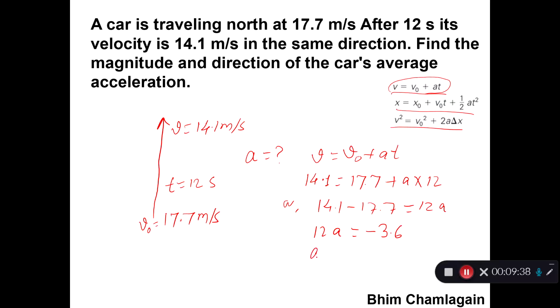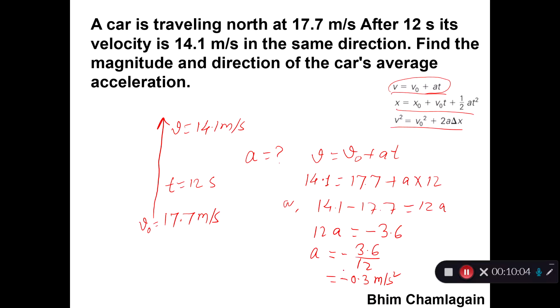So a is equal to negative 3.6 divided by 12, which is equal to negative 0.3. The unit of acceleration is meter per second square. So 0.3 meter per second square is the value of acceleration.